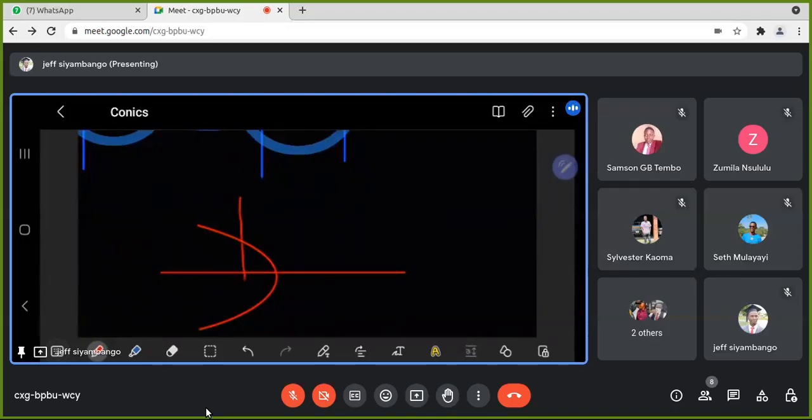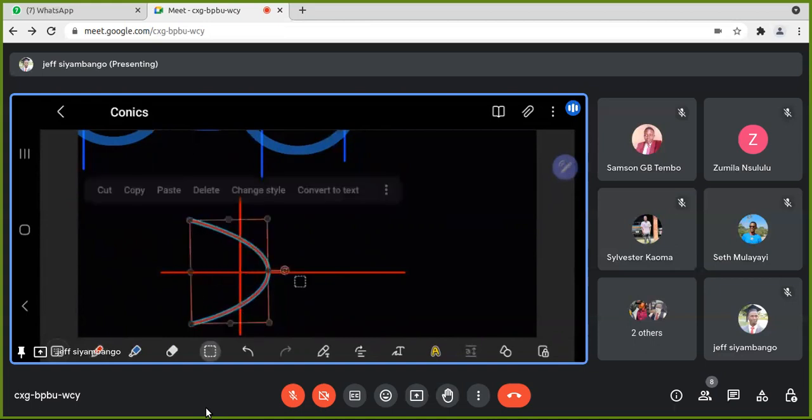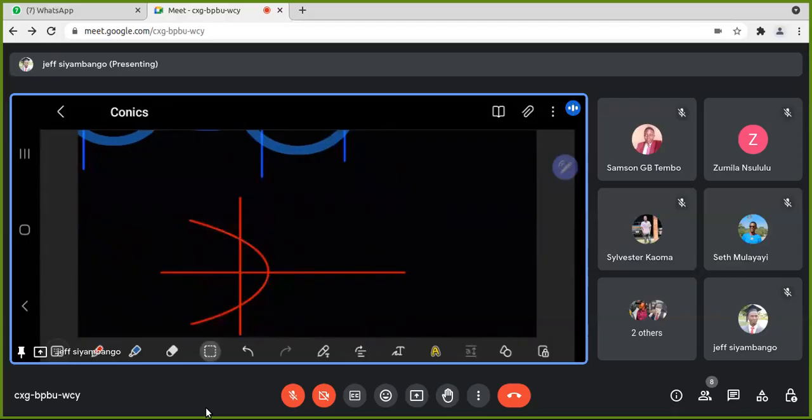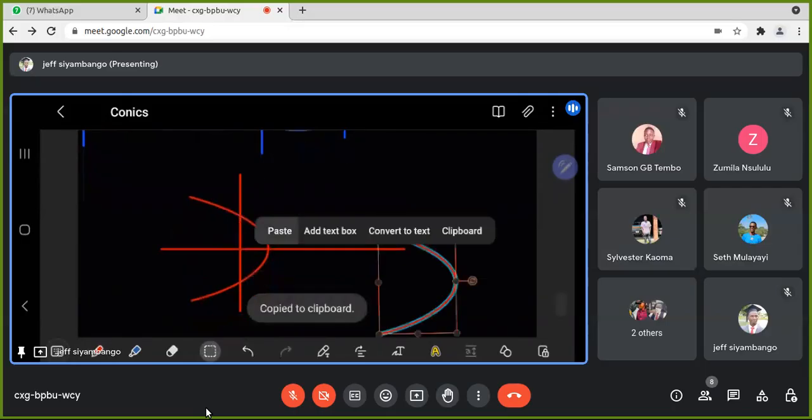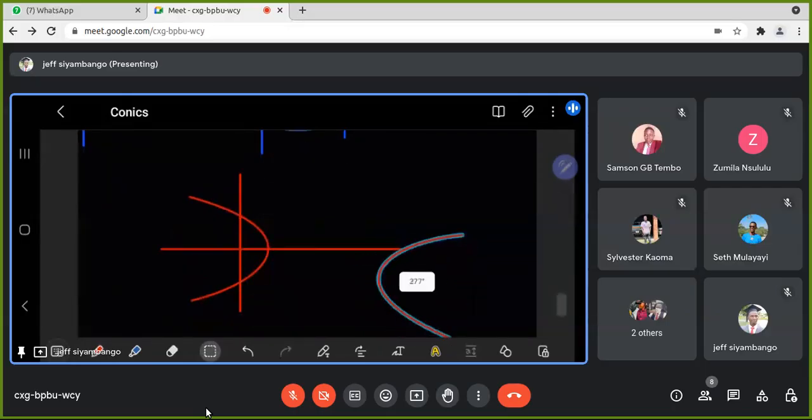If this is indeed a hyperbola, then it must have its counterpart. How will its counterpart be oriented? We know these are facing away from each other, unlike an ellipse where they literally face each other like this. So for us to get this, the other one has to be on the other side, but has to face the other side.